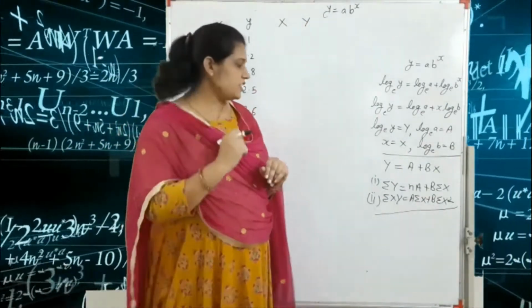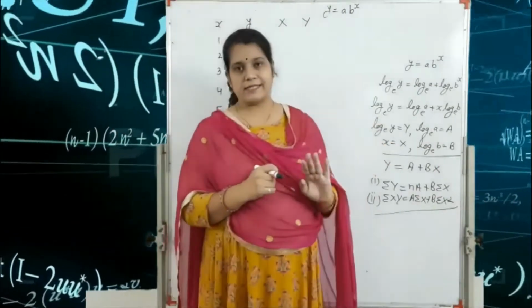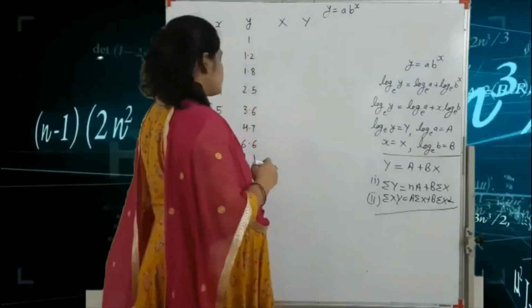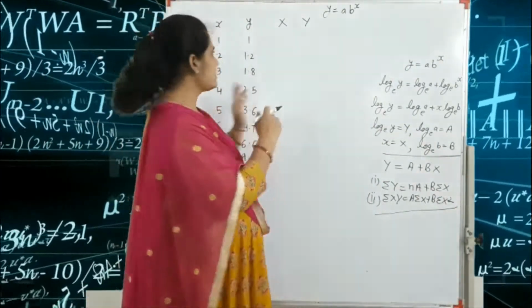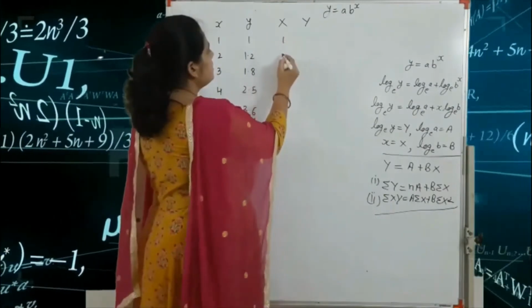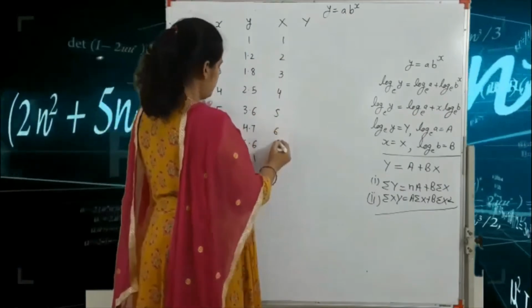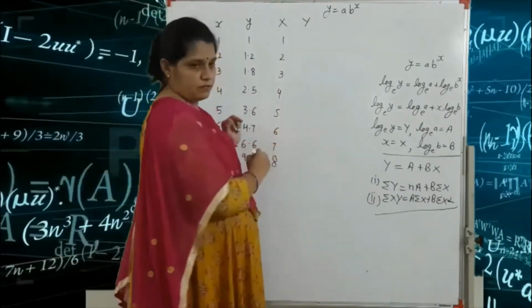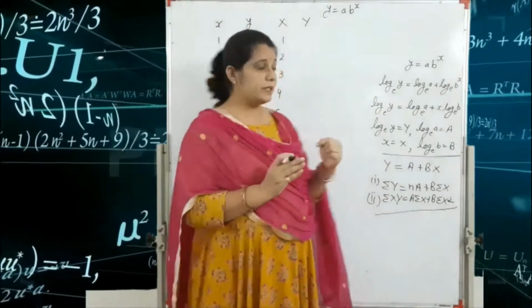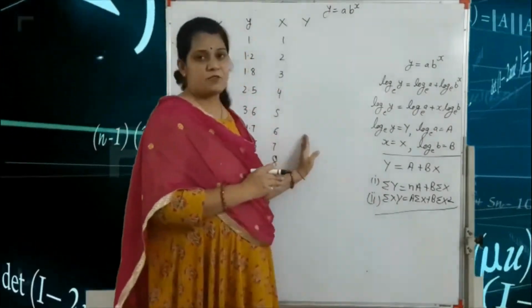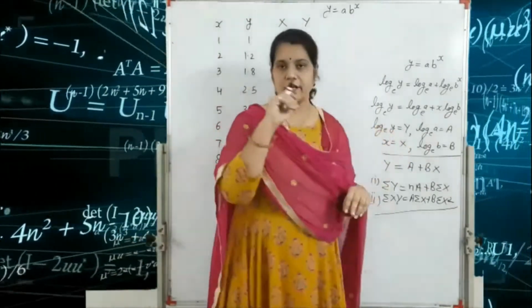So first we check small x is equal to capital X. That means this column is the small x column. So we write here as it is, that means copy here as it is. So capital X is 1, 2, 3, 4, 5, 6, 7 and 8, because here small x is equal to capital X. But here we write the capital Y. So capital Y is equal to what? ln y or log base e.